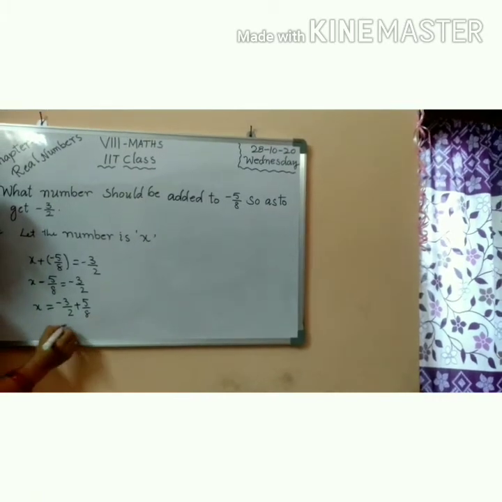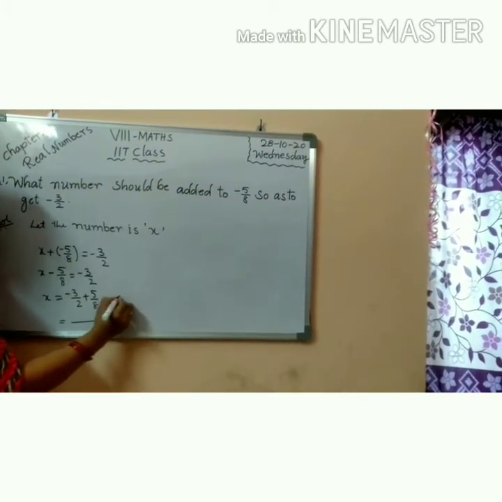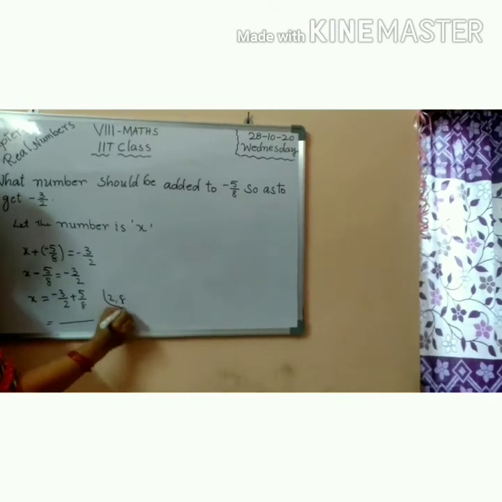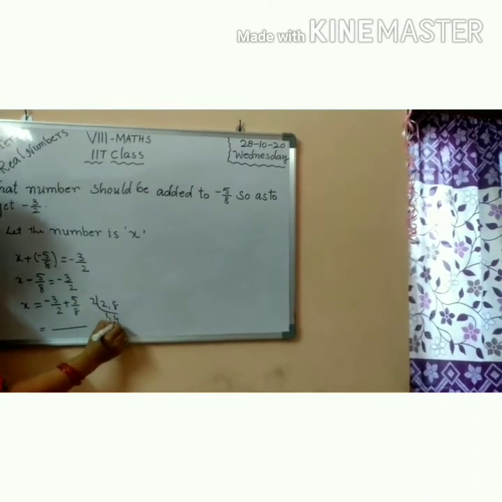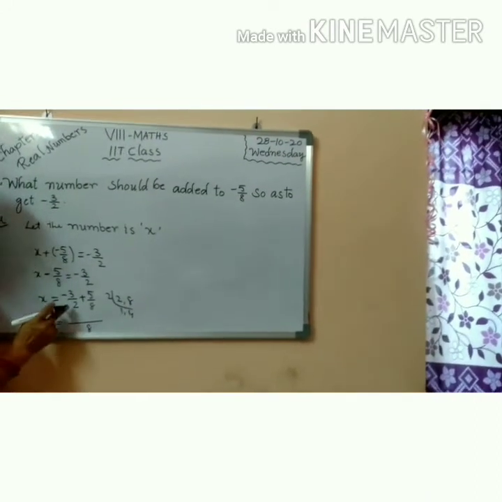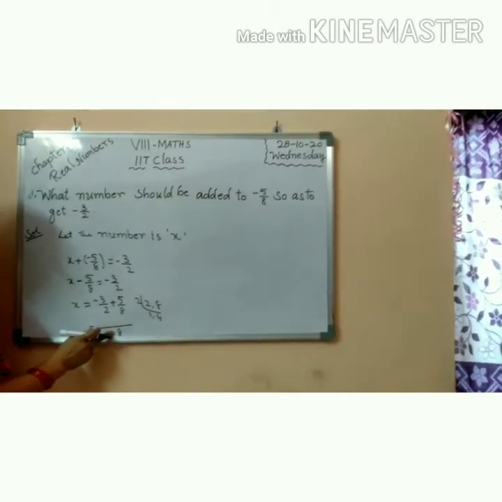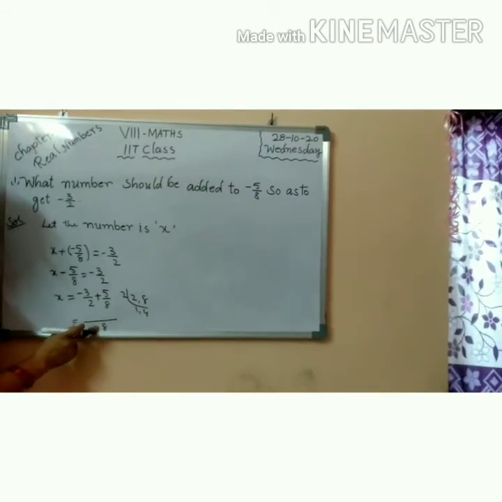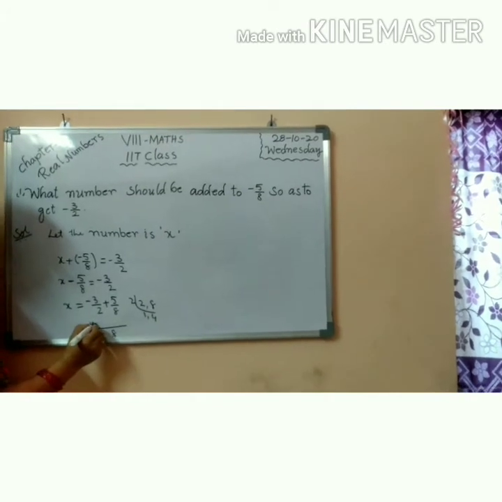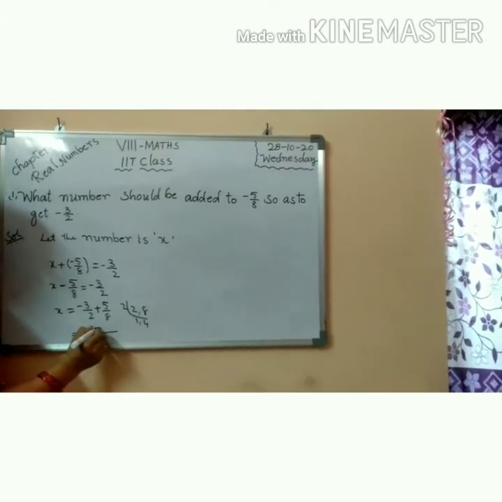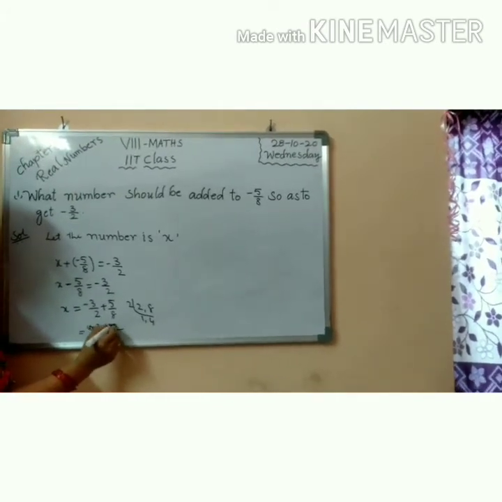Take the LCM of 2 and 8. The LCM is 8. 2 is the denominator; to make 8, how many times? 4 times. 4 into minus 3 in the numerator, plus 8 is 1 time, 1 into 5.